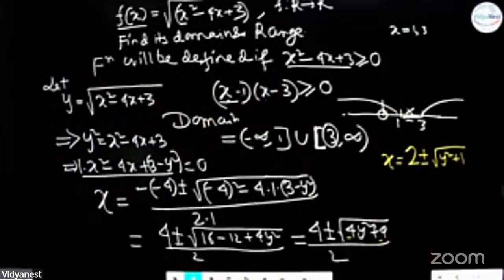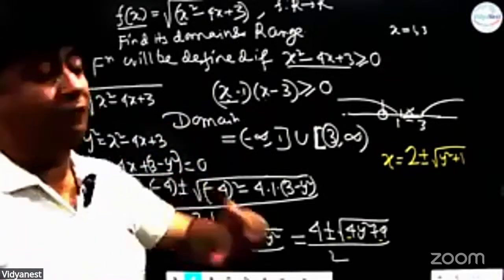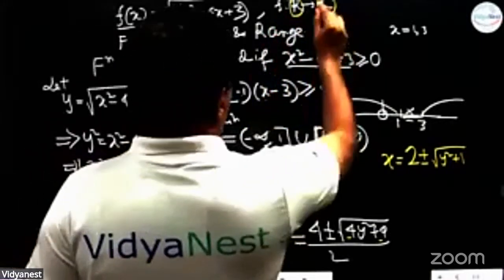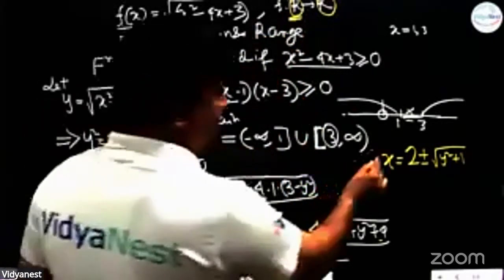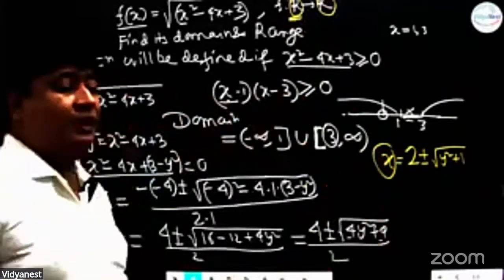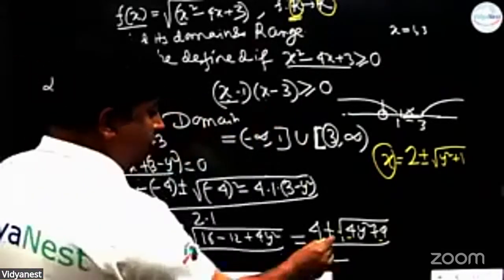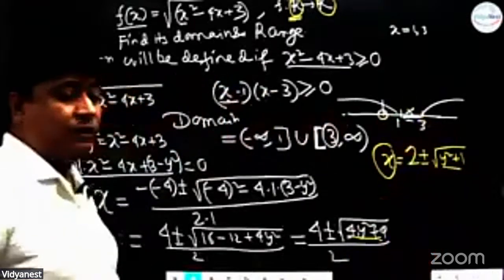Now you observe from which set to which set the function is being mapped. Real number to real number. Here domain is real. That means x is real. When will x be real? If the discriminant, this is the discriminant part, is greater than or equal to 0.